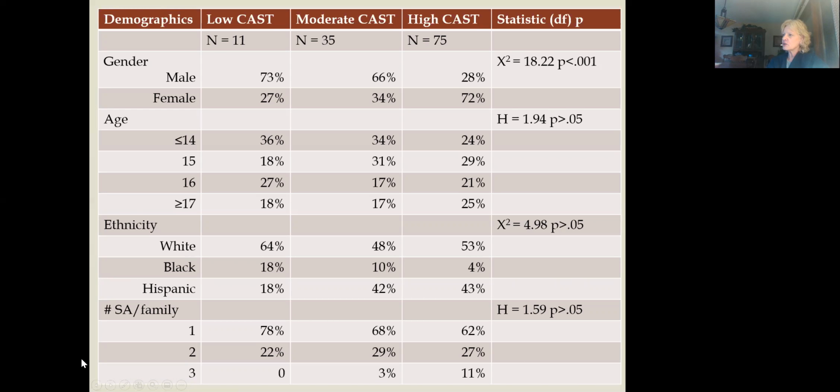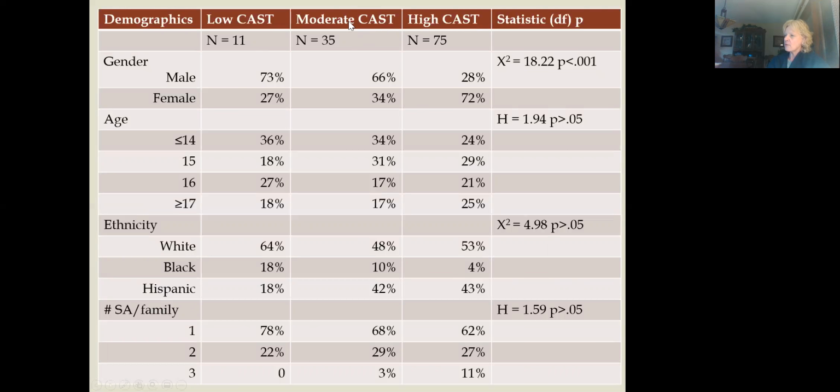And first, we looked to see if there were differences between males and females. So the CAST is the Children of Alcoholics screening tool, and there are cut points. So we had 11 participants who fell in the low. They assessed their parents' substance abuse to be low.